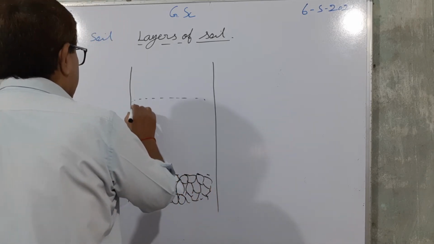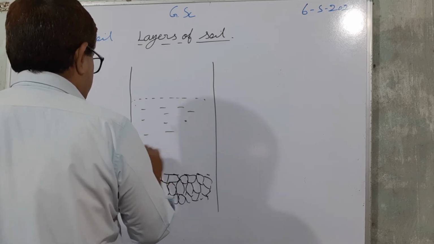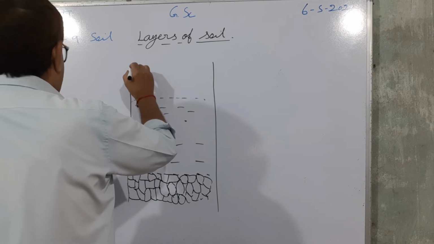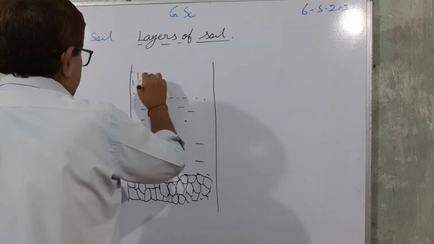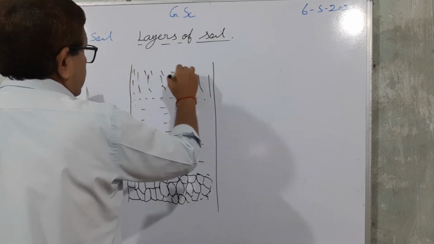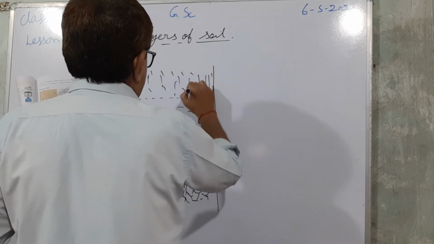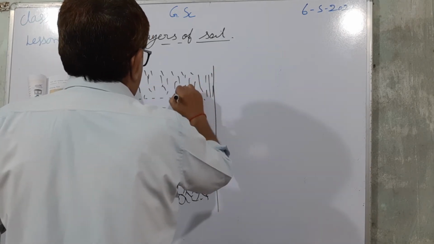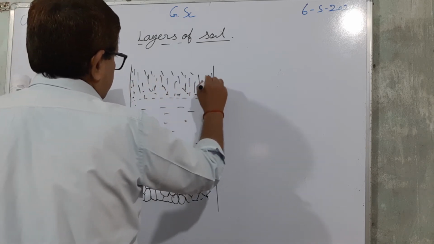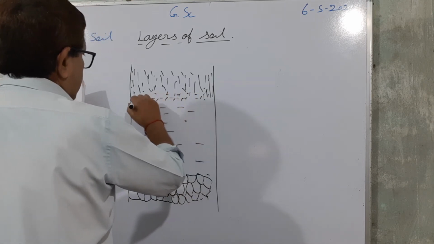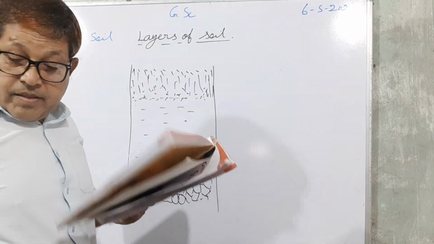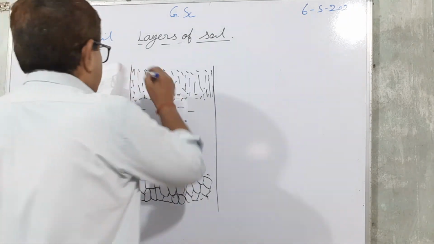After that, this is the sublayer, and this is the top layer of the soil, which is dark. Mostly plants grow in this layer, it is dark in color. These are the different layers of the soil.